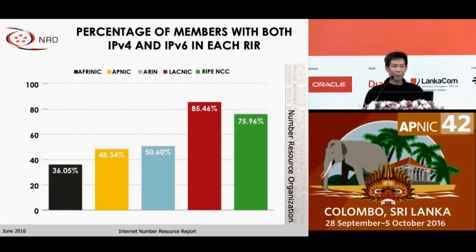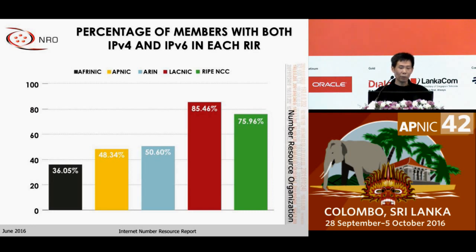So, after all these IPv6 delegations, how many percent of members have IPv6 now? You can see more than 85% of members in the LACNIC region have IPv6, followed by RIPE NCC at about 75%.